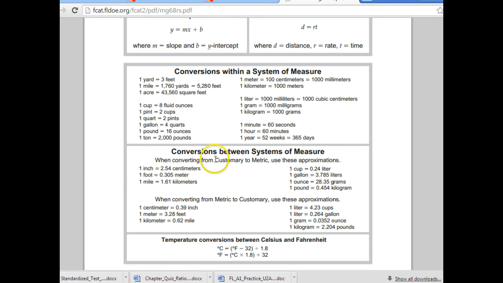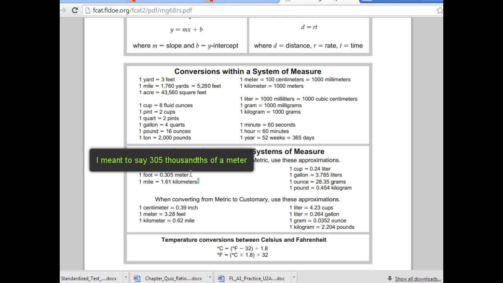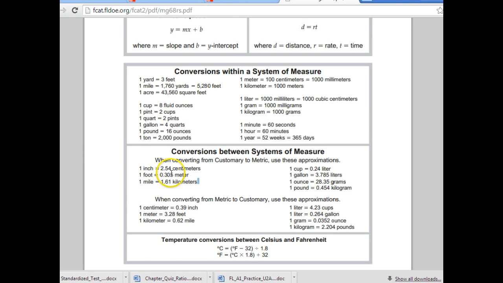Okay, so here it is. I'm going from the customary to the metric system. So here I have 1 foot is equal to 0.305 meters. But there's nothing here that tells me foot to centimeters. But I know if I can convert 1 foot to meters, then I can change meters back to centimeters, right? Remember that? And one thing we need to remember is that in 1 meter, we have 100 centimeters. All right, so let's write that down.